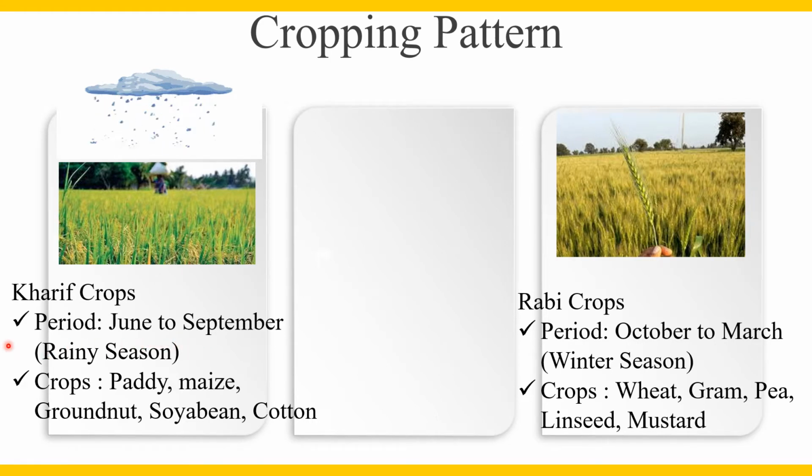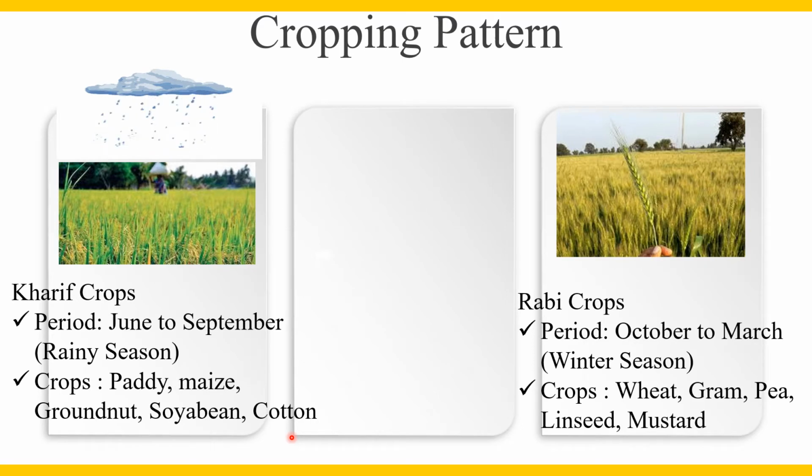So the sowing for Kharif crops starts in June or July at the beginning of the southwest monsoon, because these crops, particularly paddy, need a substantial amount of water, and the Kharif crops are harvested at the end of the monsoon season during September or the end of October. Some examples of Kharif crops are paddy, maize, groundnut, soya bean, cotton, etc.